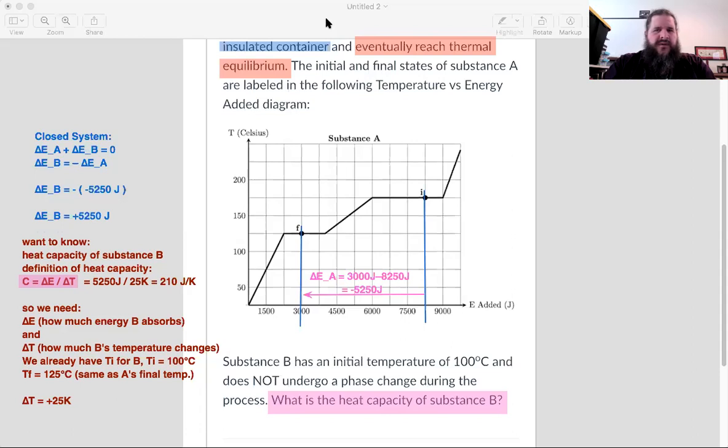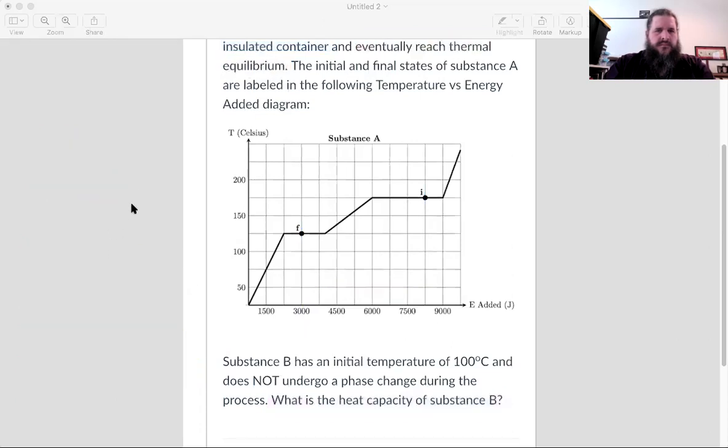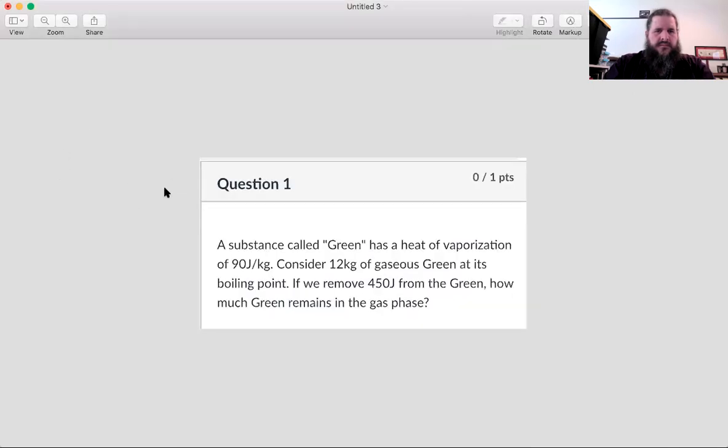Let me see if I can pull up problem 1. Is that visible?